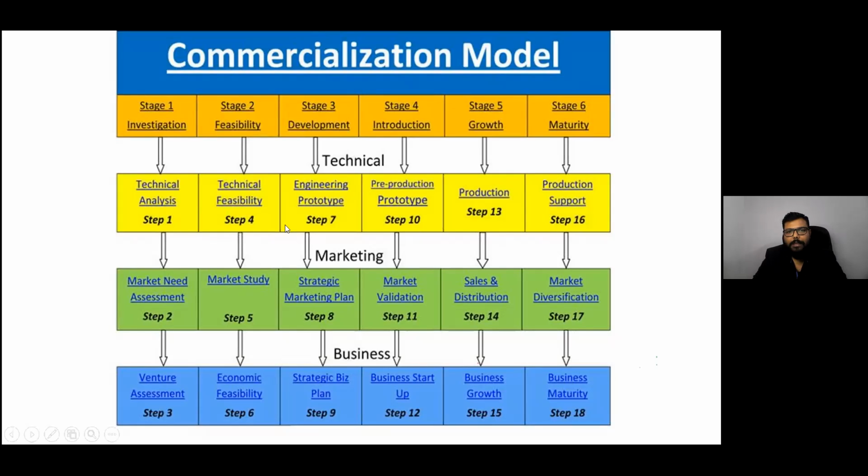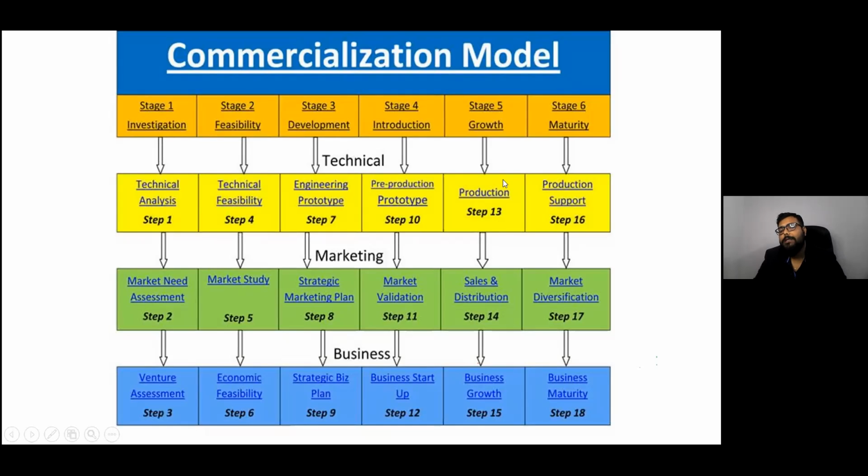Step 2 is feasibility: again market study is required, then economic feasibility. And then development: engineering prototype, strategic market plan, strategic business plan. Then introduction: pre-production prototype, market validation, business start. Once you start your business, that is the time you need to get the licensing done as well. Then it's the growing section.